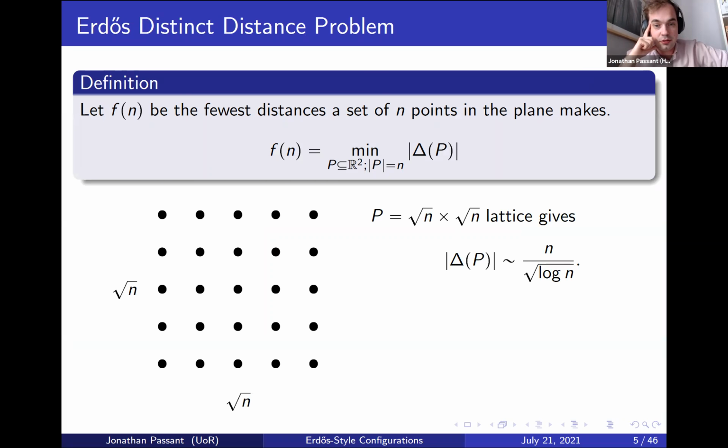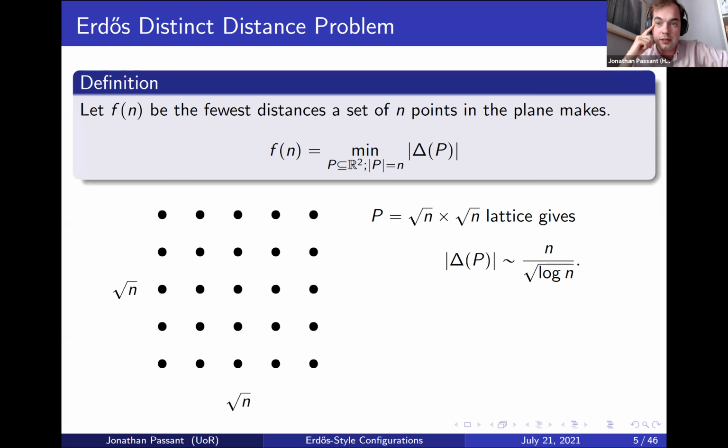In this original paper, you can count the root n by root n lattice, and this requires a bit of number theory. There's a theorem of Landau and Bernays that says the number of distances you get out is going to be roughly n over the square root of log n.